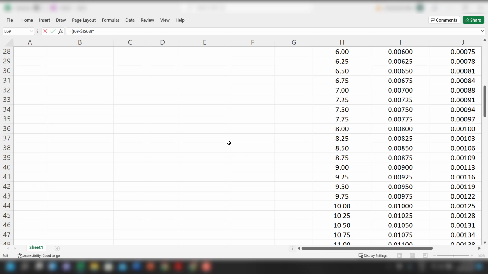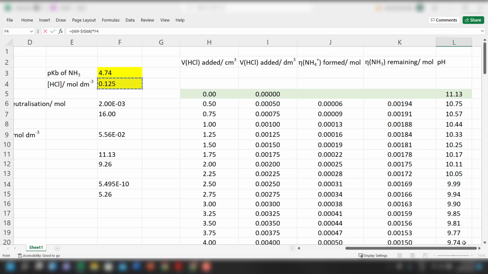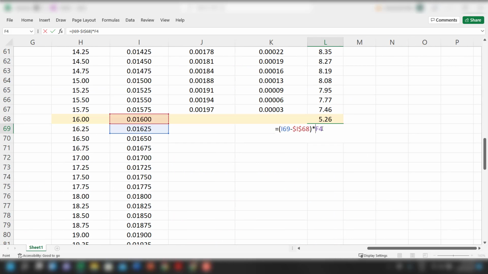The concentration term is here 0.125 moles per dm cube. Again, it is a fixed term, so we put a dollar sign. Let's put in one more bracket to make it clearer, and we will divide this by the total volume.